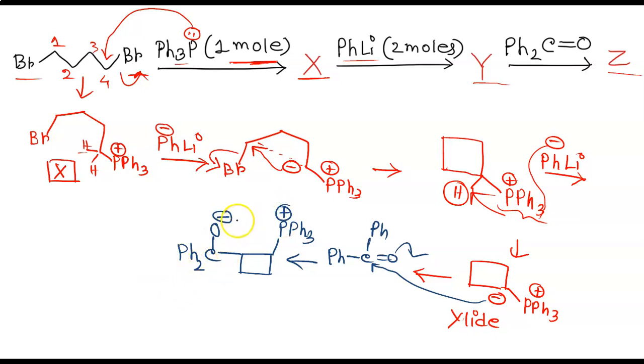So these two parts, remember, first the betaine structure, then the oxaphosphetane structure. 1, 2, 3, CO. Okay, let me count it. Sorry, I have written the wrong structure.